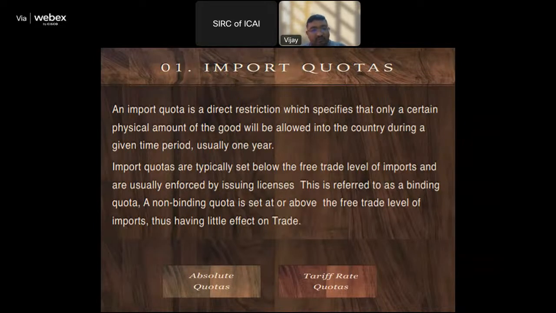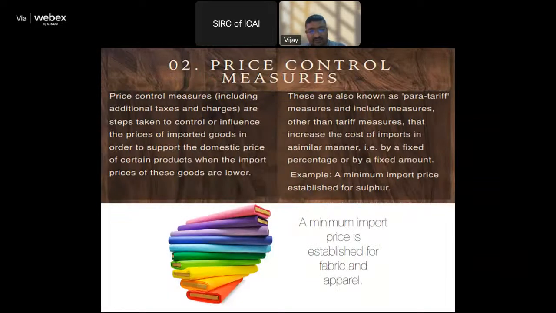Import quotas, quantitative restrictions will be called quota. So your limitation: only you can import to this extent. Sometimes it may be in terms of quantity, which is also coupled with rate of duty. Price control measures.